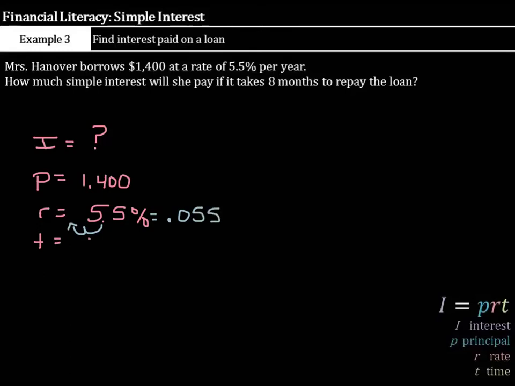And your time here is 8 months. And remember, time has to be in years. So this can be 8/12, which, if you wanted to simplify, 4/6 if you divide by 2, or if you divide by 4, you get 2/3, which as a decimal is 0.6 repeating.